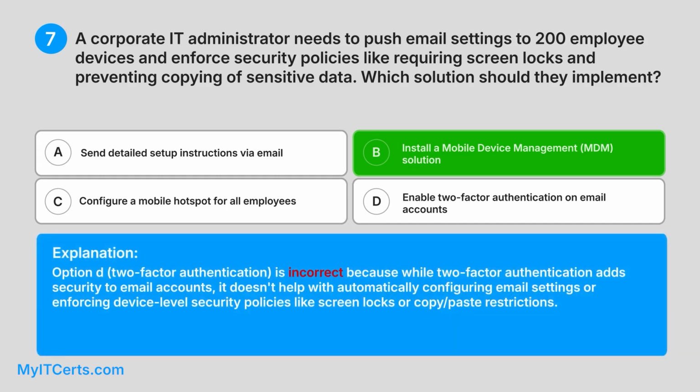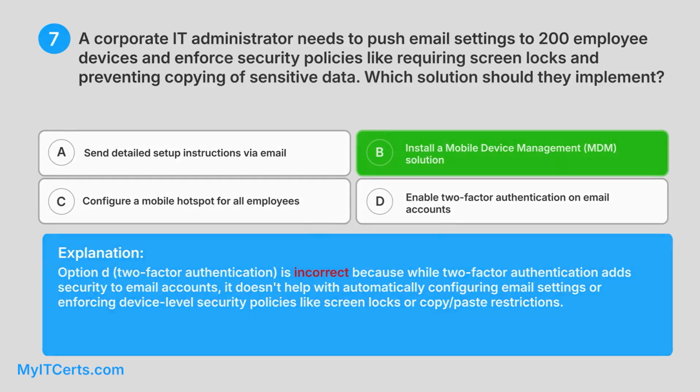Option D, enable two-factor authentication on email accounts, is incorrect because while two-factor authentication adds security to email accounts, it doesn't help with automatically configuring email settings or enforcing device-level security policies like screen locks or copy-paste restrictions.